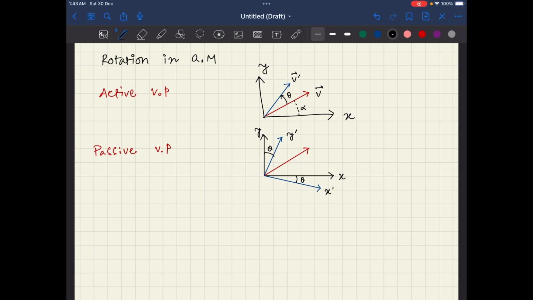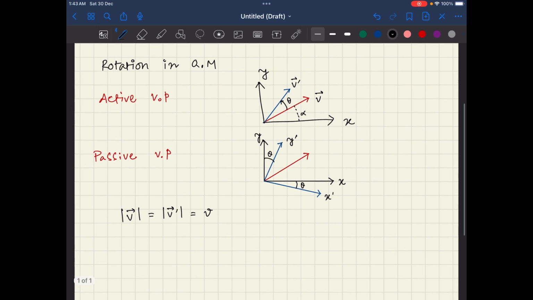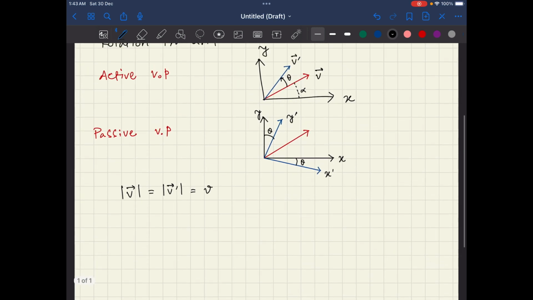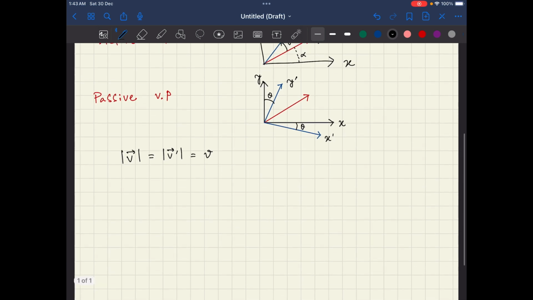So let me see how this v and v prime are related. First of all, the magnitude doesn't change. Magnitude of v is the magnitude of v prime, and let me call it v. Now let me work out the components. Let me work in the active viewpoint. So in the active viewpoint, the vector rotates and the coordinate system is fixed.